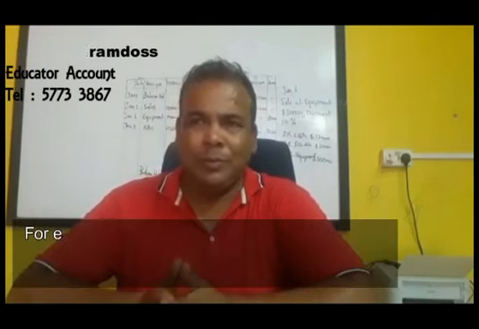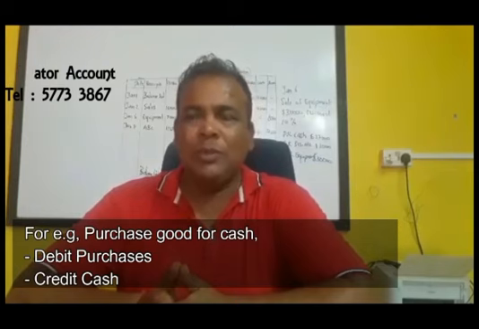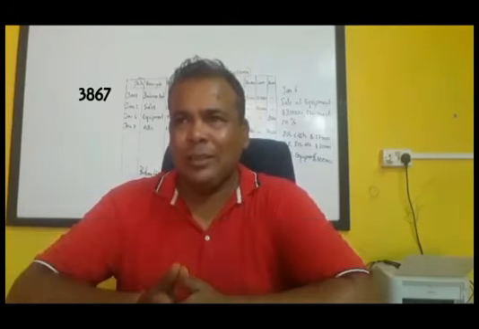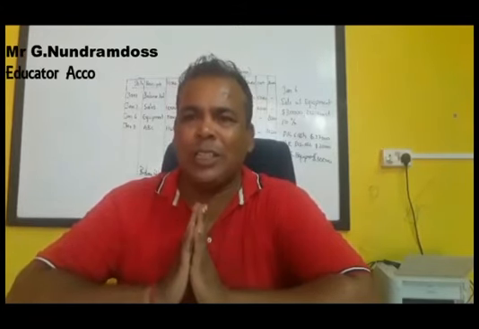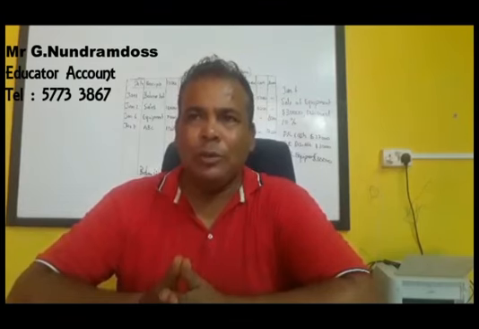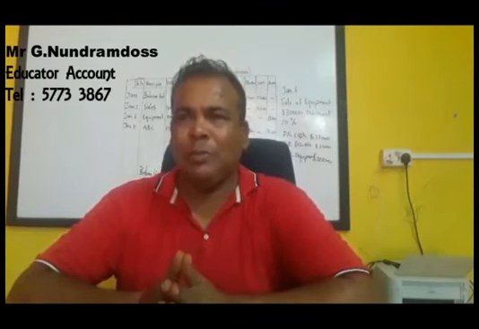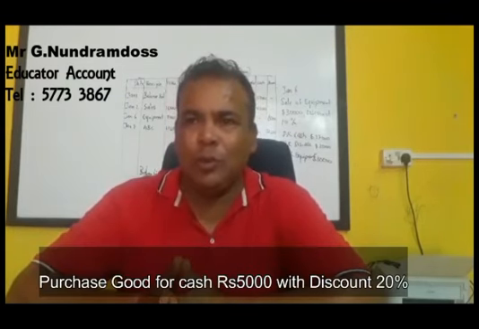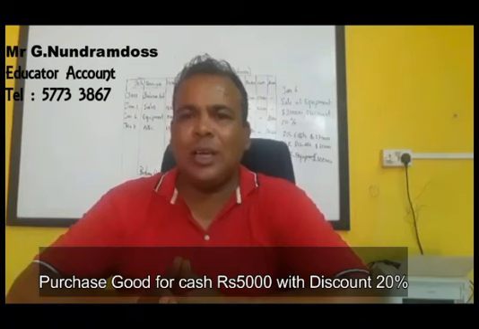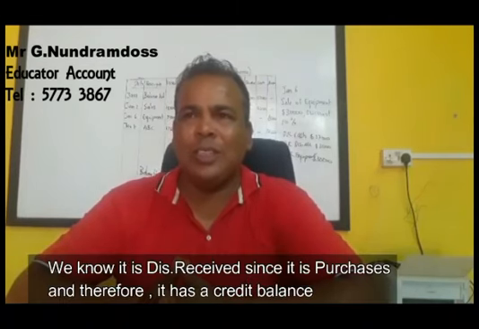For example, purchase goods for cash. Debit purchases, credit cash. There is no discount. This one will be recorded in a two-column cash book. Now, if we are going to use the same example, purchase goods for cash, 5,000, discount 20%. So we know the discount is discount received because we have the word purchases.